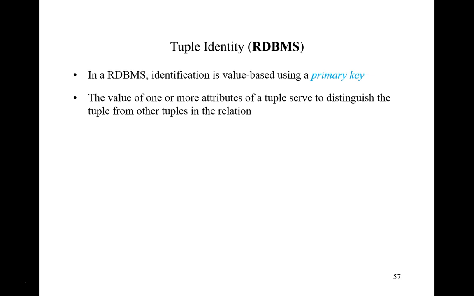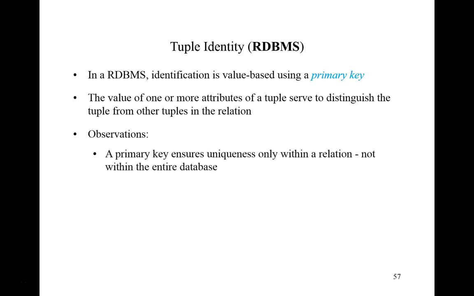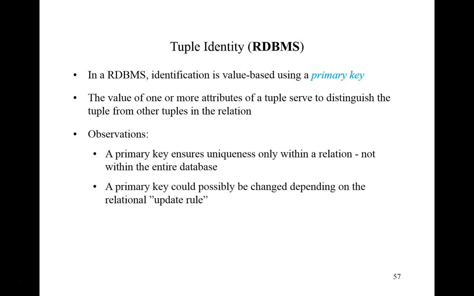So what observations can we make? A primary key ensures uniqueness, but only within the table or relation for which it's been defined. It does not have the broad scope of encompassing the entire database. A primary key could possibly be changed. Its value could be changed depending upon what we call the relational update rule.